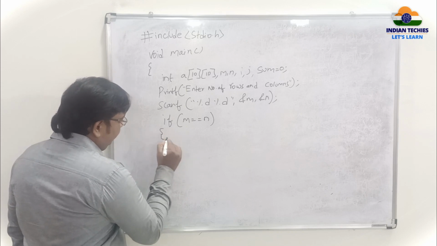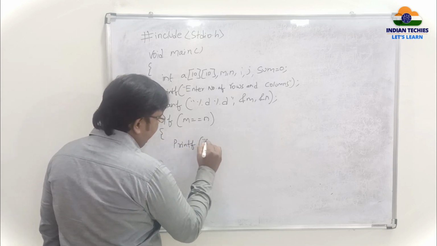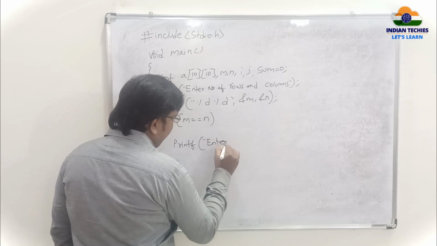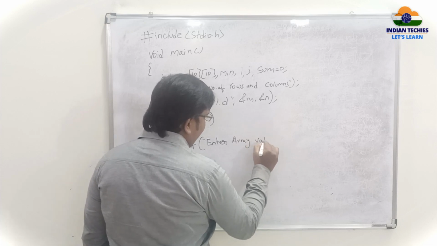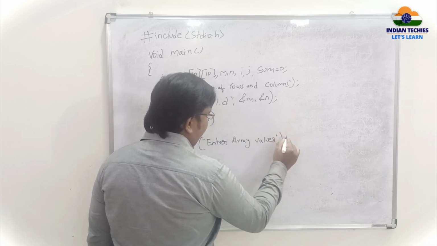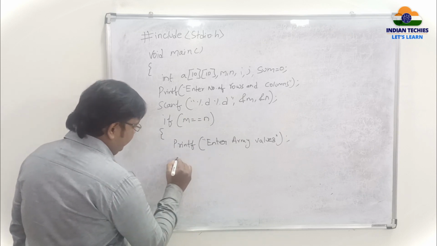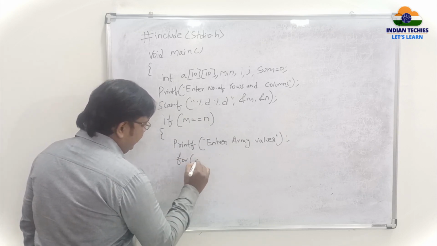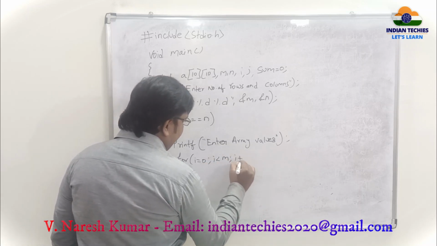That is printf("Enter array values"). If you want, you can also write the number of rows and columns of m and ask to enter exact values. For i equal to 0, i less than m, i plus plus.